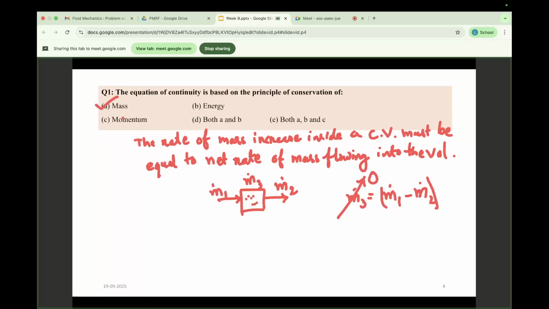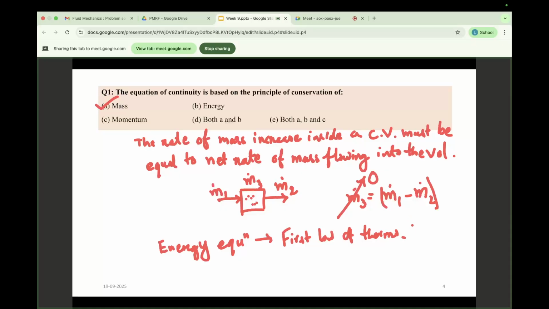So it should be mass. And why not energy or momentum? If someone asks you about the energy equation and from where it derives, basically this energy equation is the first law of thermodynamics.